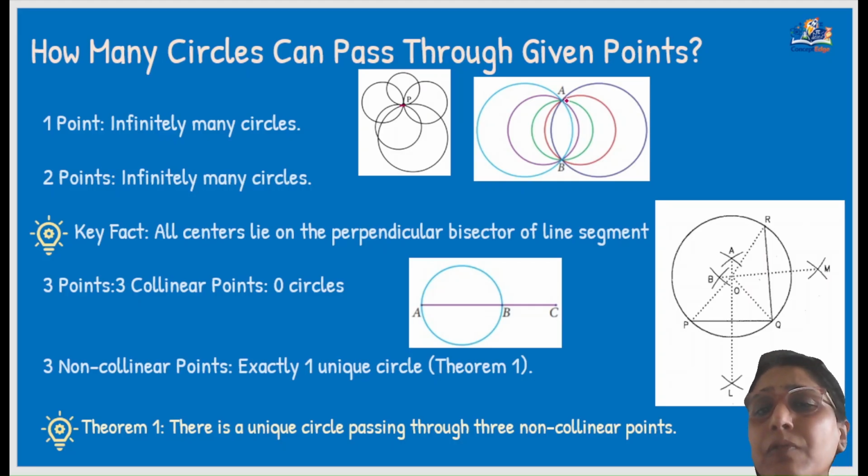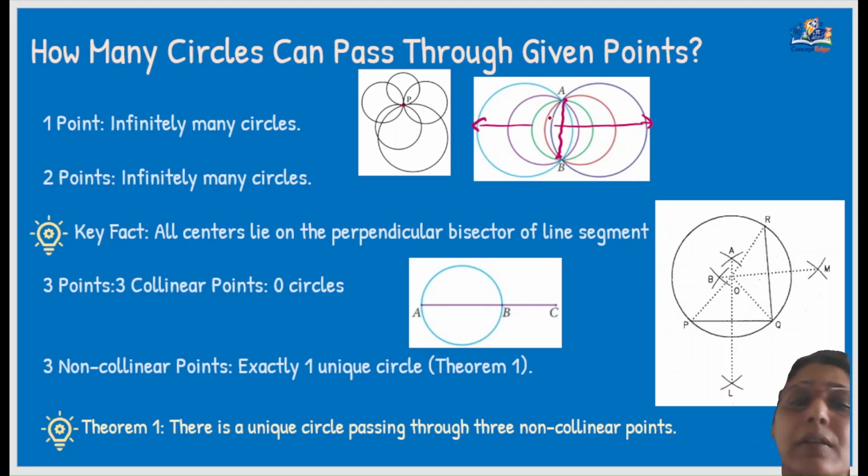Now what if I am given 2 points? I can again draw infinitely many circles, but remember that when I join AB and think about the perpendicular bisector of AB, all the centers of these circles lie on it. Very important thing.